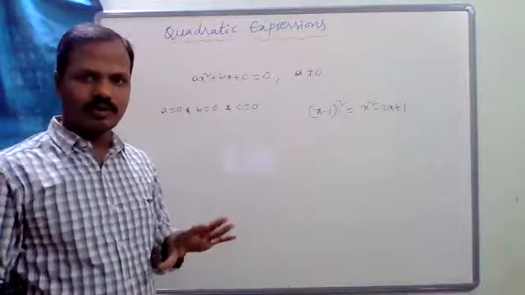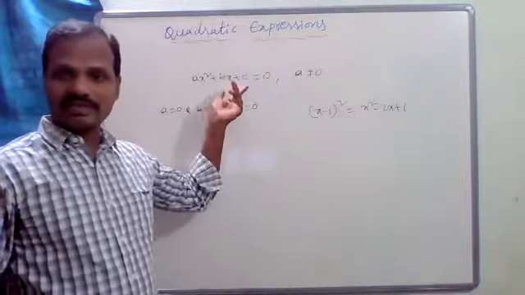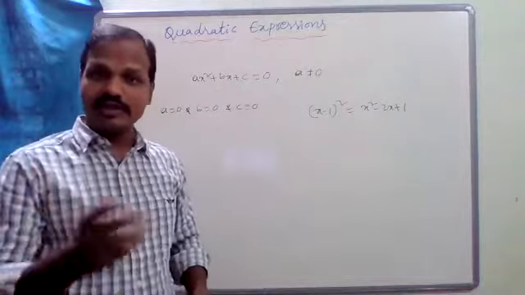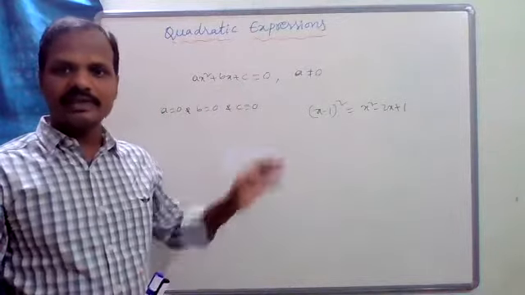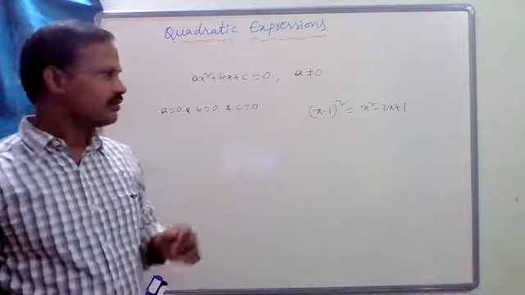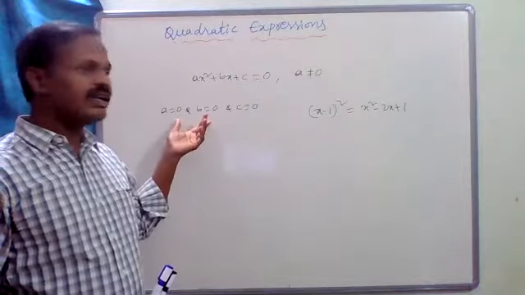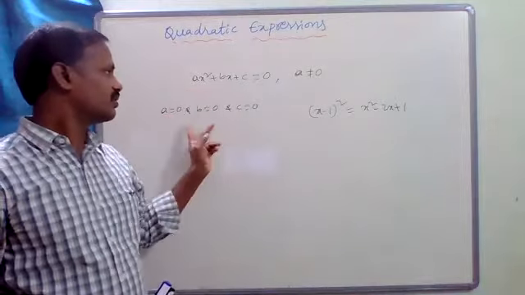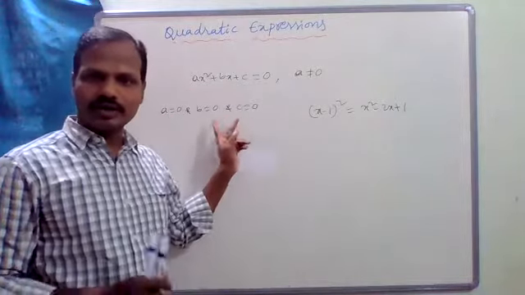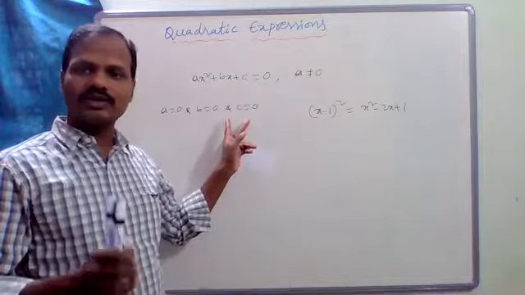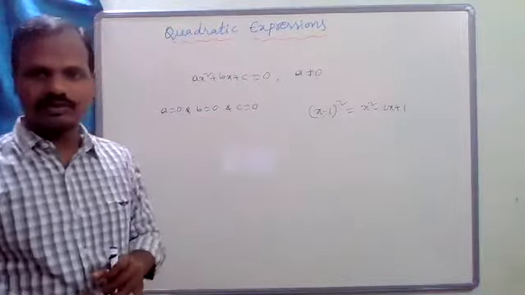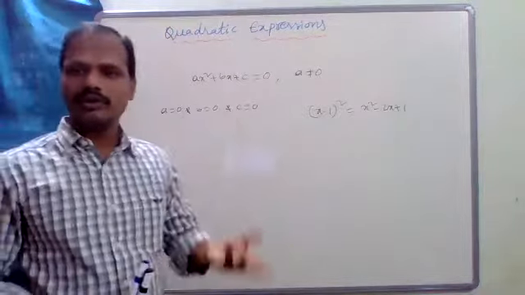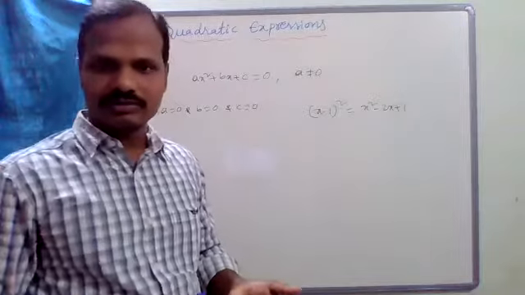So listen carefully to this point. If this quadratic equation has more than two roots, then it becomes identity. Then in that case, the coefficients a, b, c must be 0. A equal 0 and b equal 0 and c equal to 0. Then it has more than two roots.